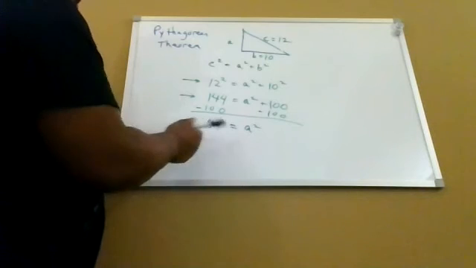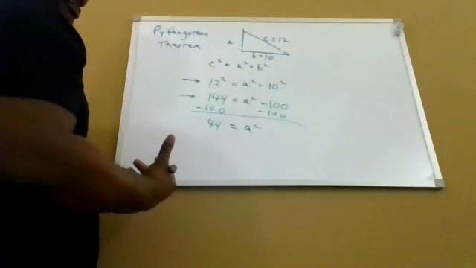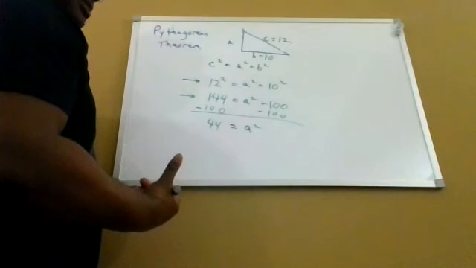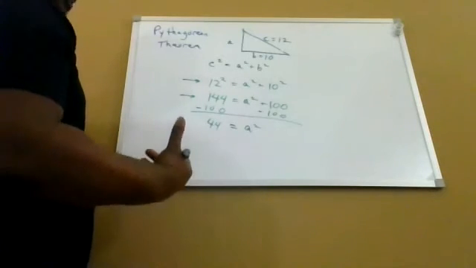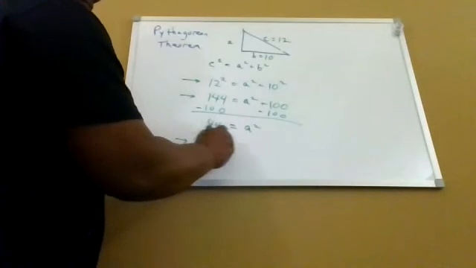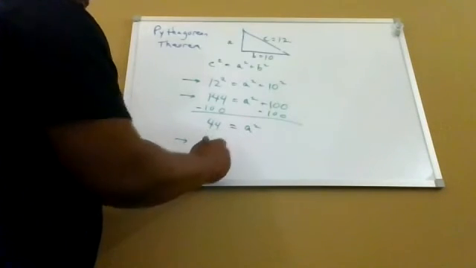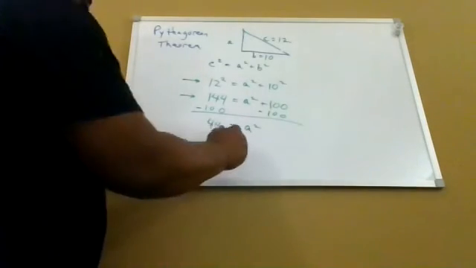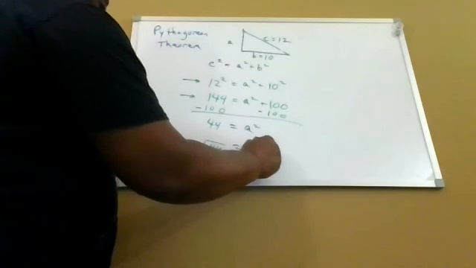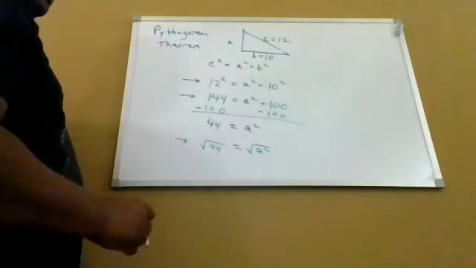So now to get a by itself, we're going to take the square root of both sides. Square root of 44 equals the square root of a squared.